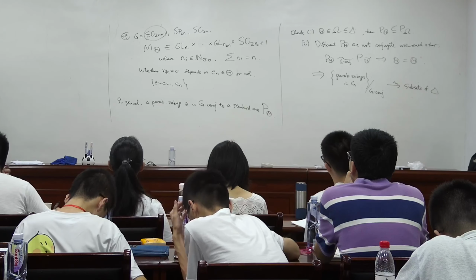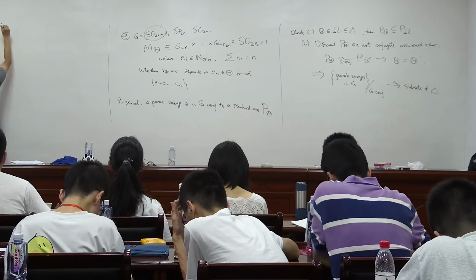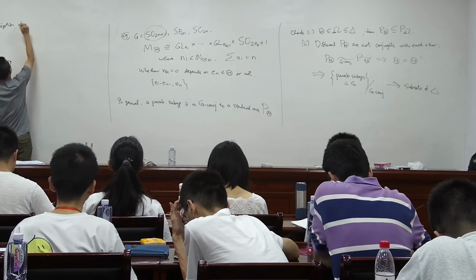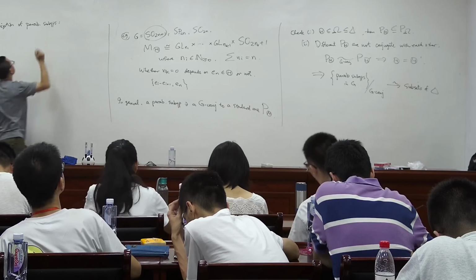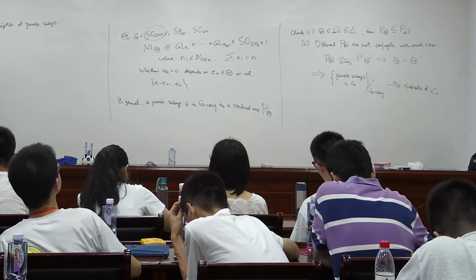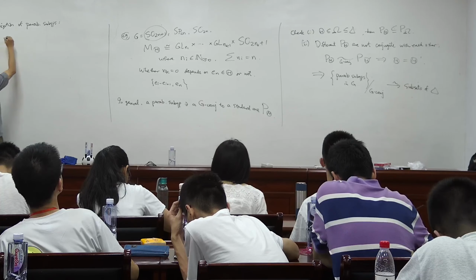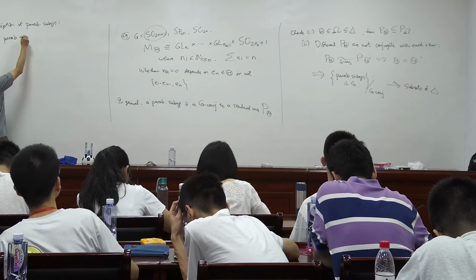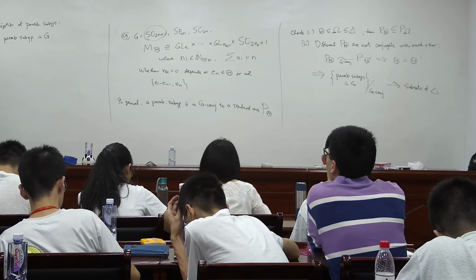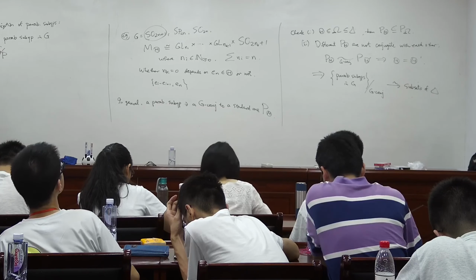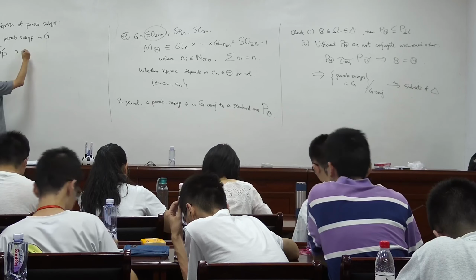So a useful characterization of parabolic subgroups: it says that P is a parabolic subgroup in G if and only if G mod P, viewed as an F variety, is complete.